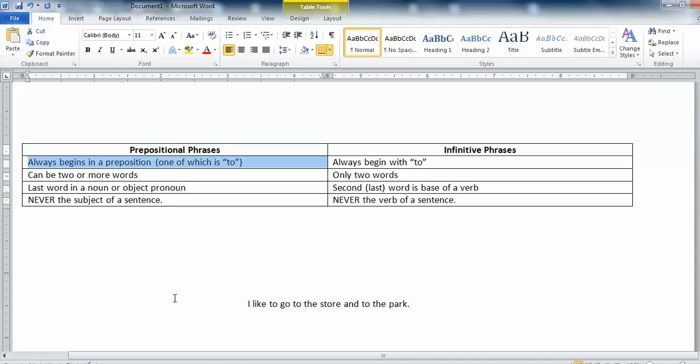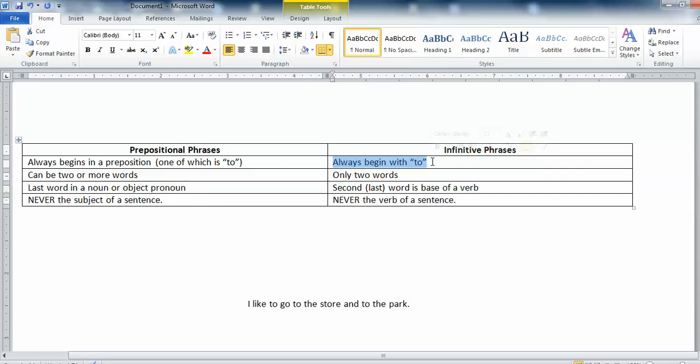One of those prepositions is the word to, so some prepositional phrases begin with to, but certainly not all of them. But a prepositional phrase has to begin with a preposition. Now compare that to the infinitive phrase that only begins with the word to. And then you know why this is an issue, because you have to learn how to distinguish between a prepositional phrase that begins with to and an infinitive phrase that begins with to.